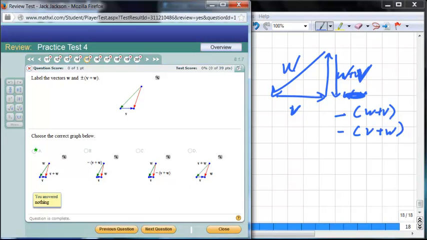One way is to let the green one be W, and then the red one be minus the opposite. So C would work. No, I'm wrong. Let me say that again.